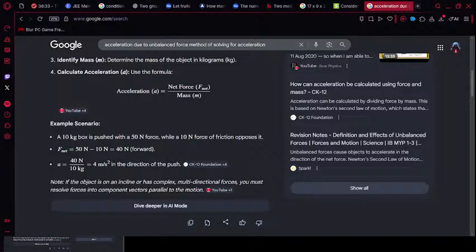This is tension. Here it's going to become T by 2, right?